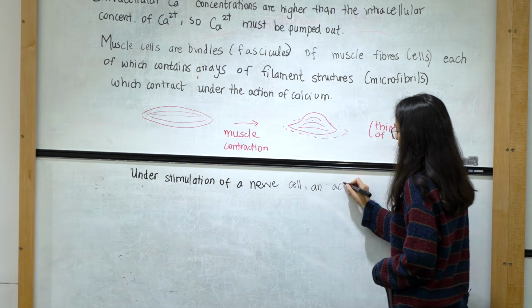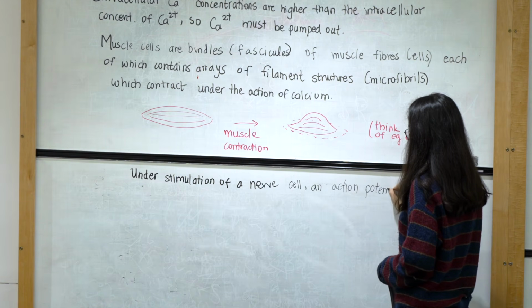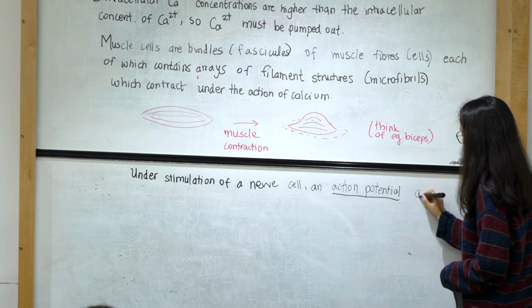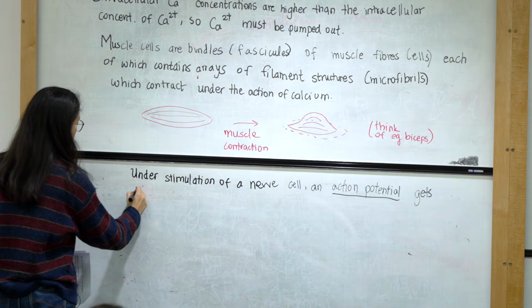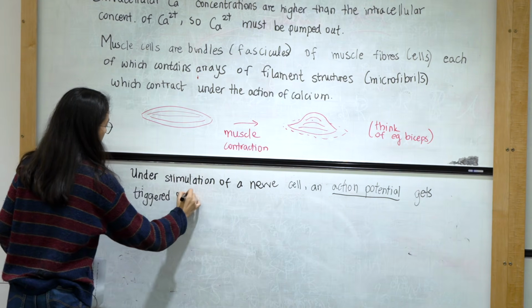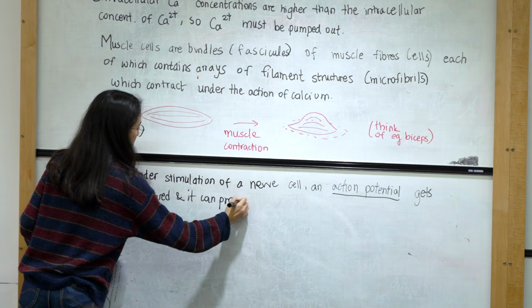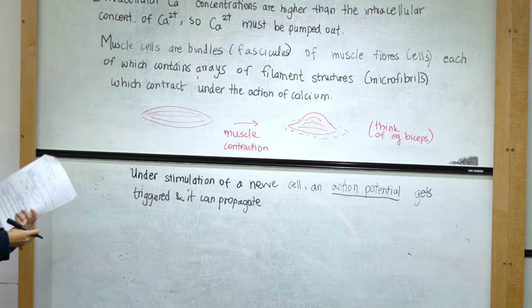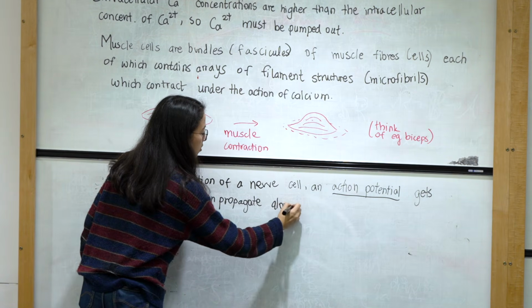An action potential gets triggered, and it propagates. This time it is not along the axon, it's along a fiber in these muscle cells.